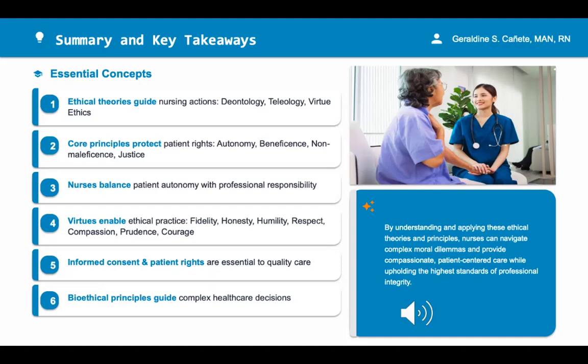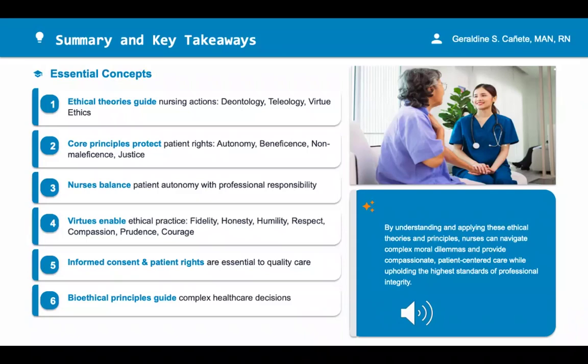Okay? On balancing autonomy and professional responsibility in real practice, principles do not always align neatly. Autonomy may conflict with beneficence, justice may challenge personal preferences, and that is where ethical evaluation becomes essential. Nursing is not about choosing convenience, it's about balancing responsibility.